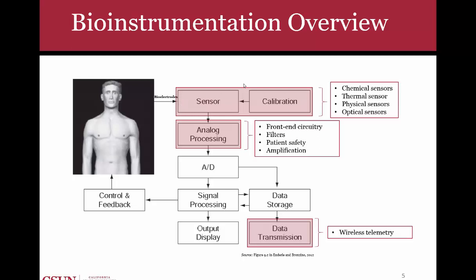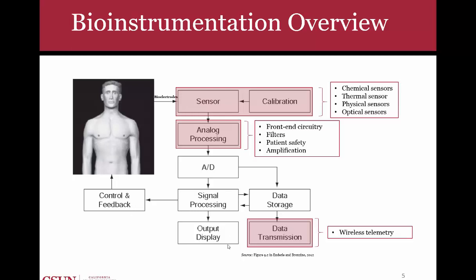The sensor and the calibration can include a sensor for chemical sensing, thermal, physical, optical. Once that signal is turned into an electrical signal, you can do some analog to digital conversion to process by a microprocessor and to also save that data. You can do some signal processing, and then from there you can feed back to any other devices that are connected to the human.